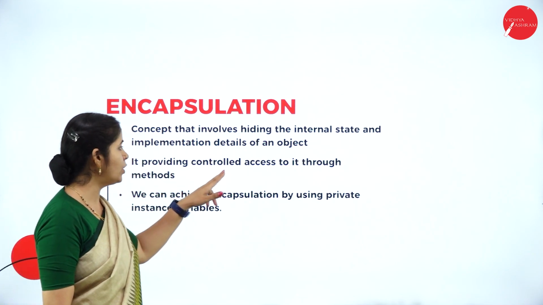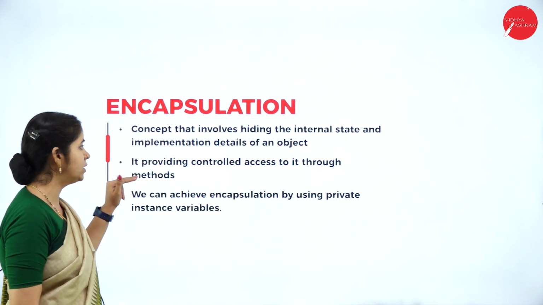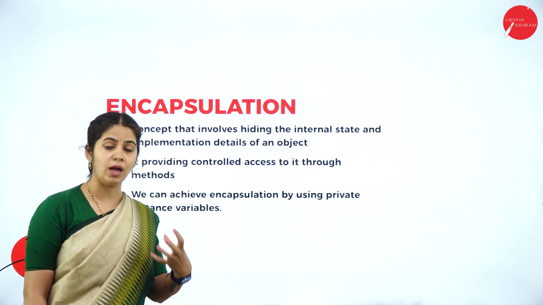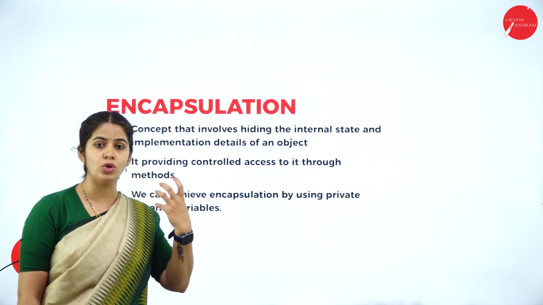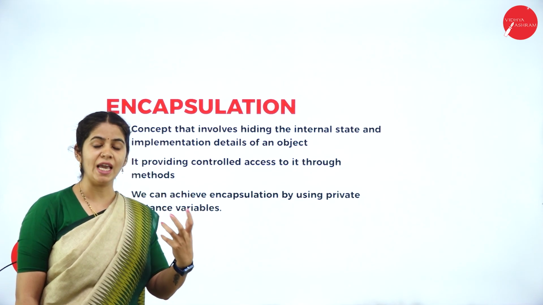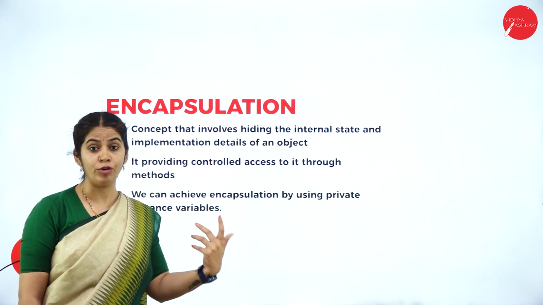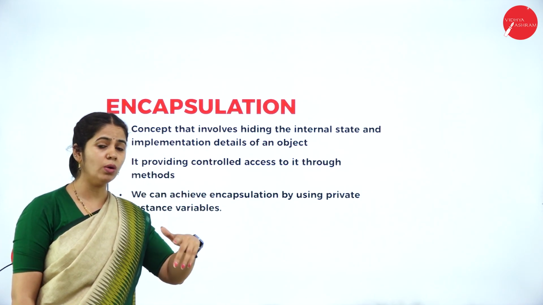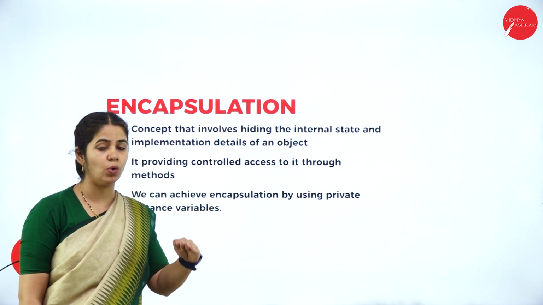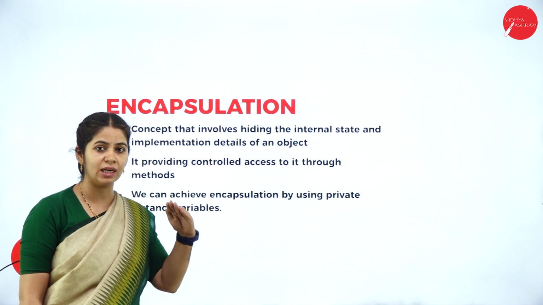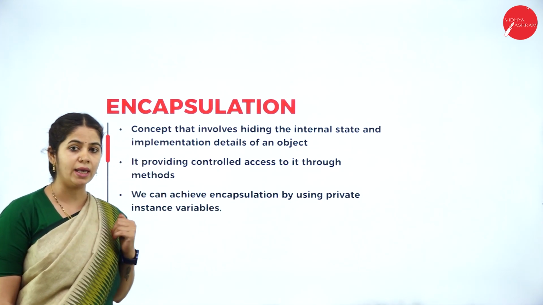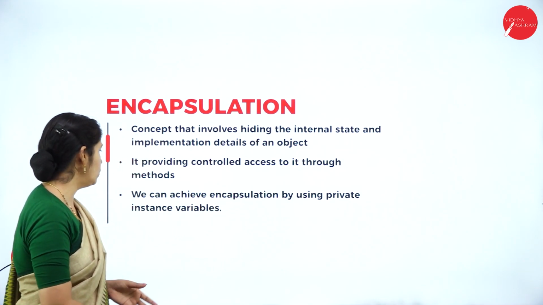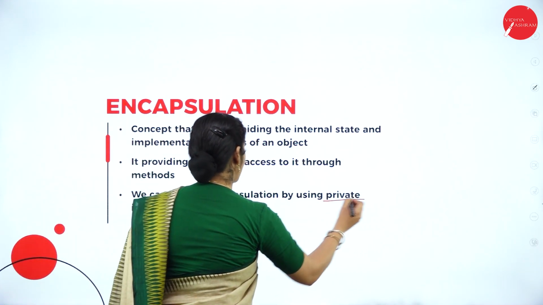It provides controlled access through methods, which means it provides access control. Access is not free. You cannot freely access all the methods and attributes of that particular class. So access is restricted. Only the particular methods in the class are allowed to access. So we can achieve encapsulation by using private instances.